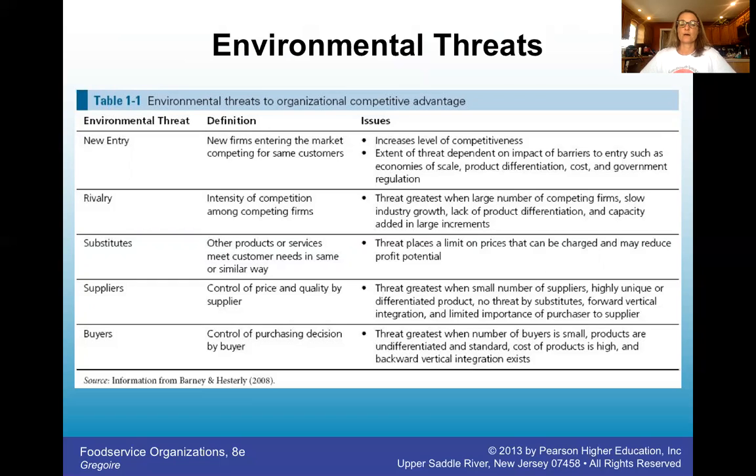And then substitutes: other products and services meeting the customer's needs in a similar way. Suppliers, buyers, each of those can be an environmental threat. It's important to recognize those, because if we understand what our threats are, that can help us plan and be more competitive as we move forward.